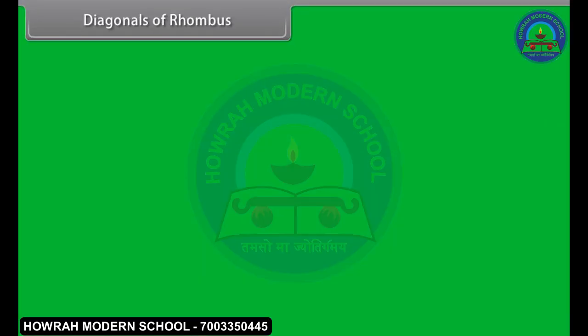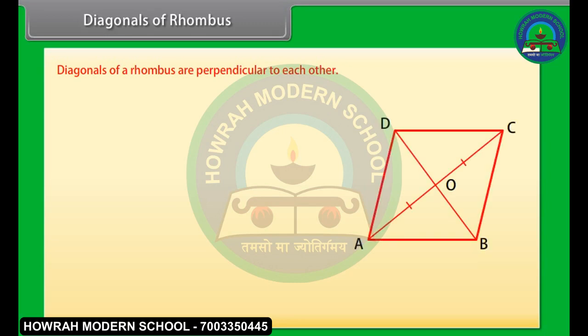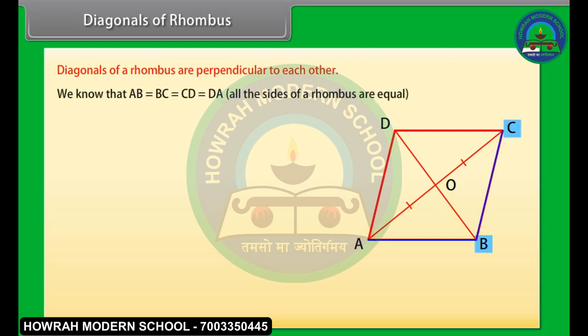Diagonals of rhombus. Let us now prove that the diagonals of a rhombus are perpendicular to each other. Consider the rhombus ABCD. We know that AB is equal to BC is equal to CD is equal to DA because all the sides of a rhombus are equal.